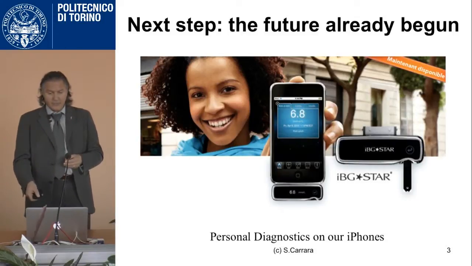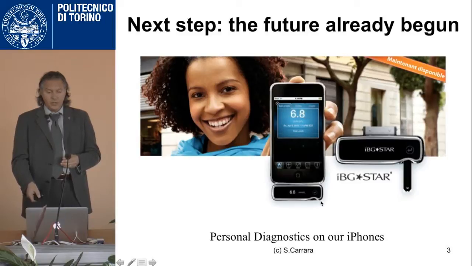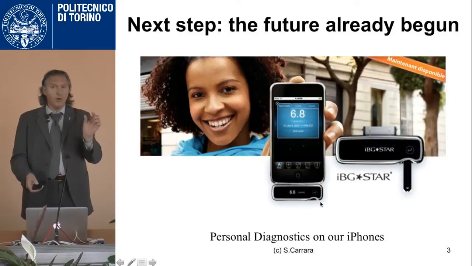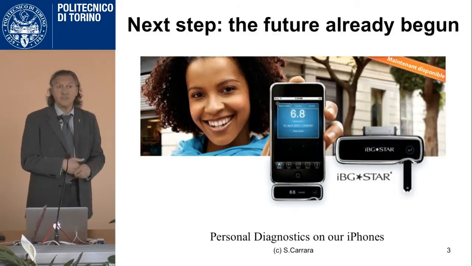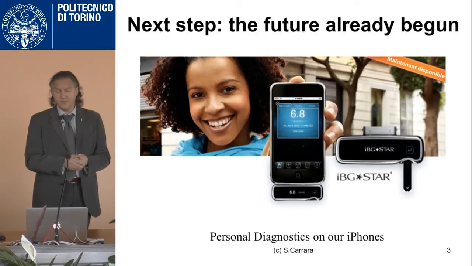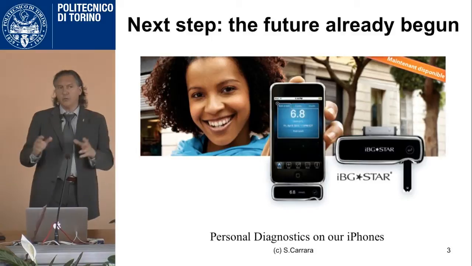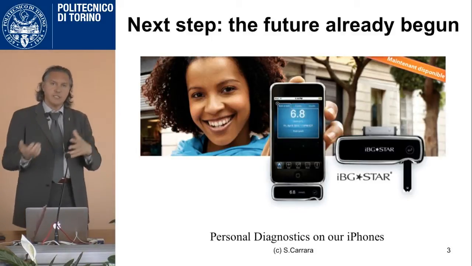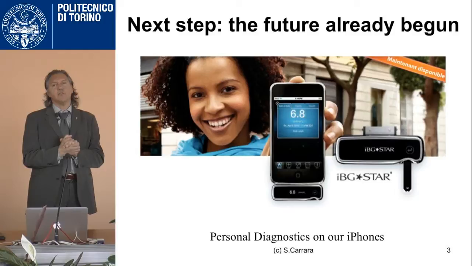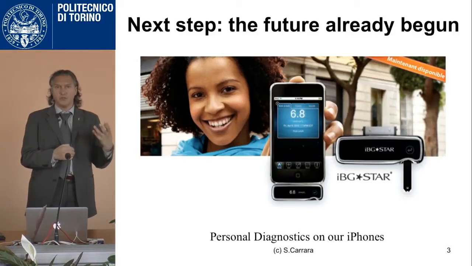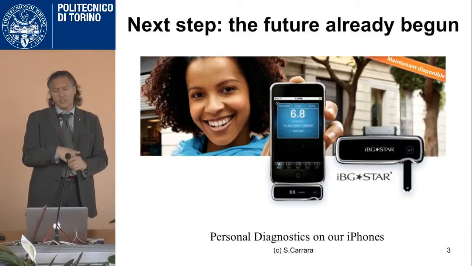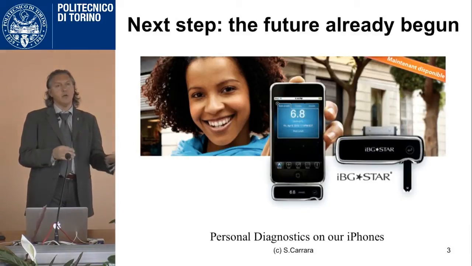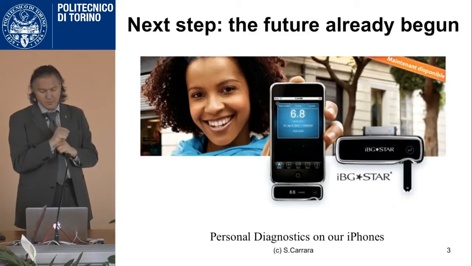As you can see in the photograph, below we have a small box that you attach to the iPhone, and this device transforms the iPhone into a glucometer. There is, of course, an issue about security, privacy, and the possibility to have approved the use of a mobile phone as a diagnostic device. But apart from that, technologically speaking, it's possible to bring glucose measurements to our mobile phone.